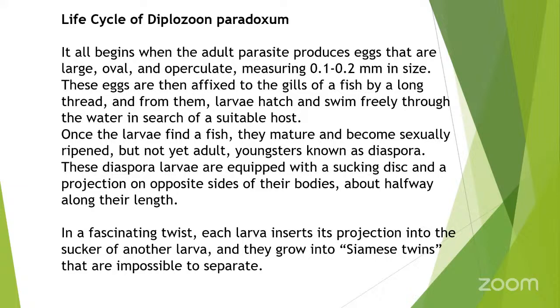These larvae are equipped with a sucking disc and a projection on opposite sides of their bodies, about halfway along their length. In a fascinating twist, each larva inserts its projection into the sucker of another larva, and they grow into Siamese twins that are impossible to separate.